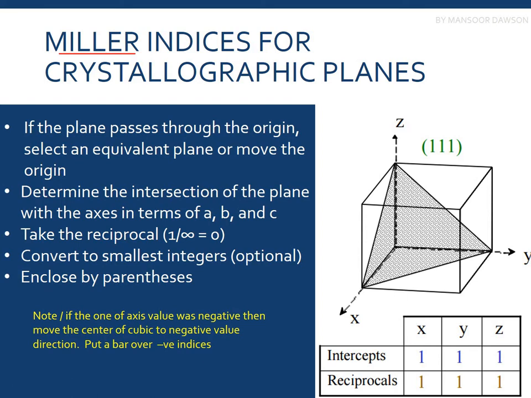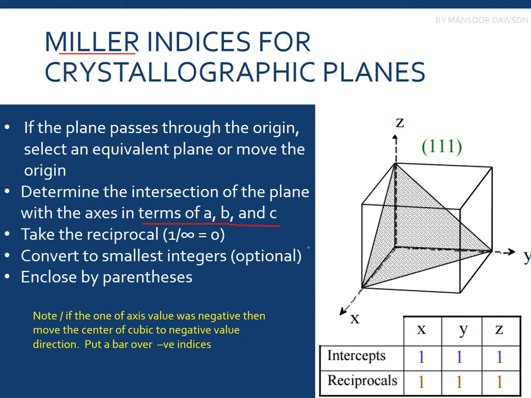Next, determine the intersection of the plane with the axes in terms of a, b, c. What it means is that you have to identify the intercepts at which your plane is intersecting the Cartesian coordinate system of x, y, and z axes. Once you have the intercepts, you take the reciprocal of each intercept.